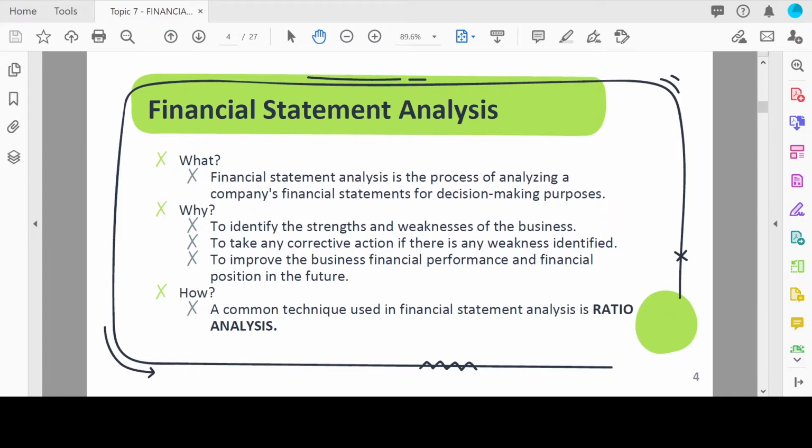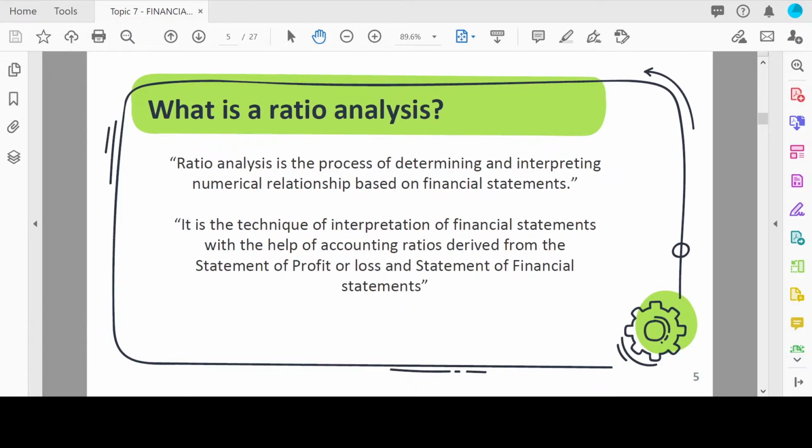So what are the common techniques used in the financial statement analysis? There are a few techniques, and one of it is ratio analysis. So for ACC 106, we're going to focus only on ratio analysis. So what is a ratio analysis? The ratio analysis is the process of determining and interpreting numerical relationship based on the financial statements. So in the financial statement, you have numbers, right? Numbers for revenue, numbers for expenses, numbers for asset, liabilities, and also the equity.